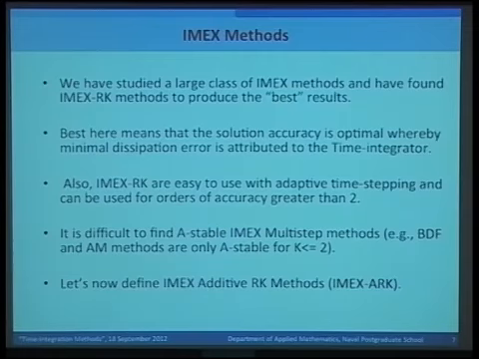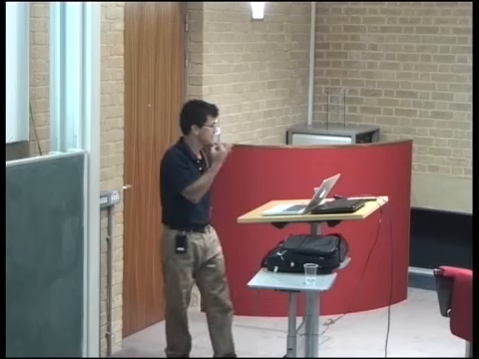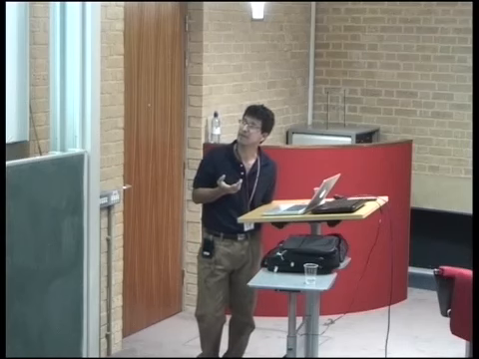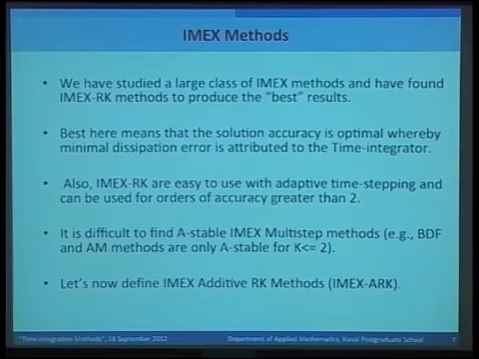The other nice thing about IMEX RK methods is that adaptive time stepping is very straightforward. You know how it is with any single-step method: changing the time step is not an issue. In multi-step methods you can still do it, of course, but you have to work it out very carefully.